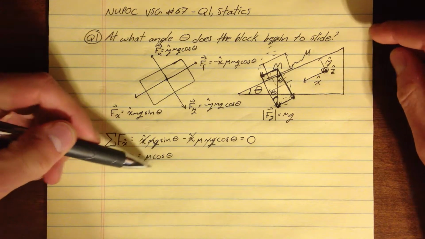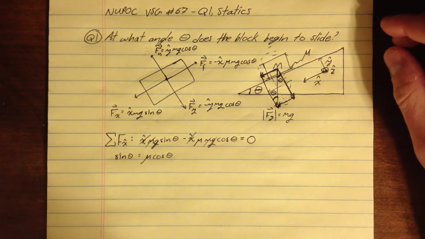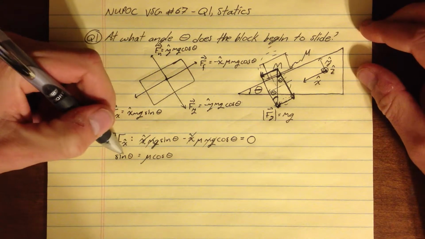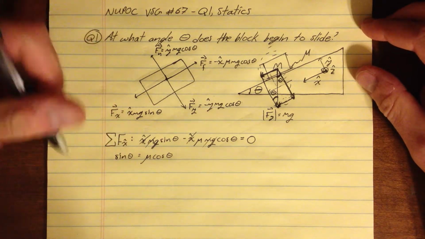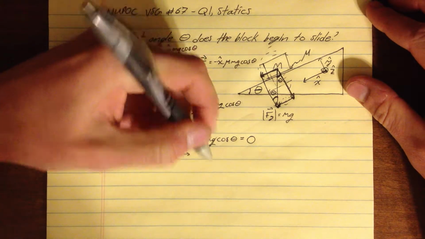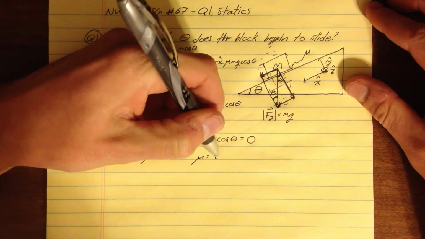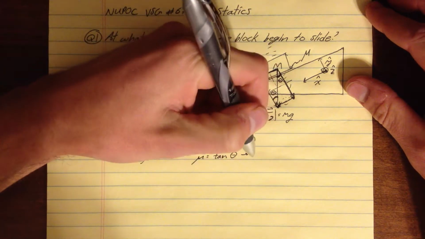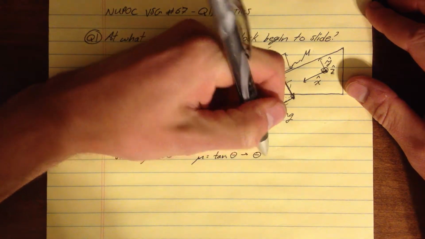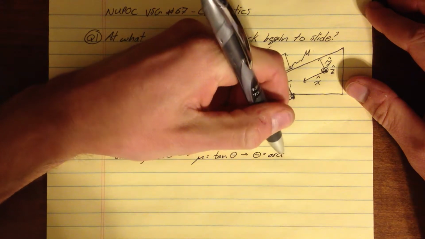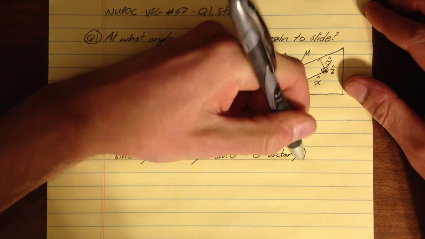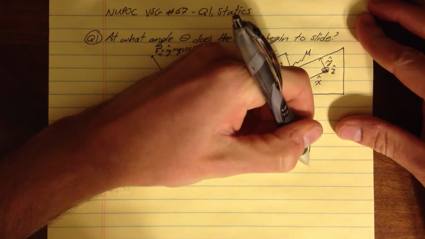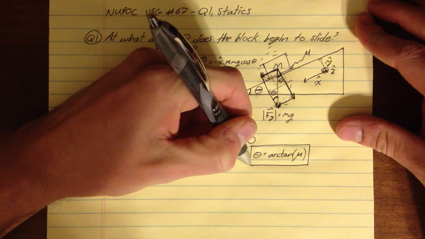Dividing both sides by cosine theta gives sine theta over cosine theta, which is just tan theta. So mu equals tan theta, or theta equals the arctan of mu.